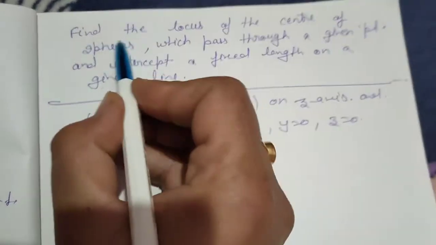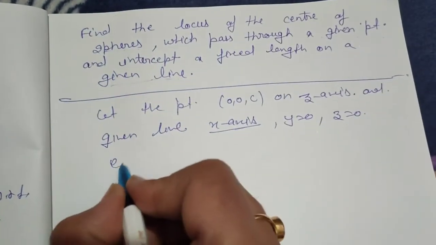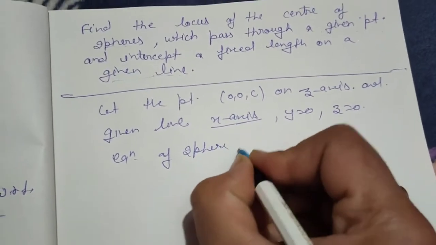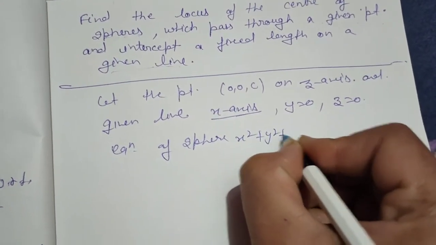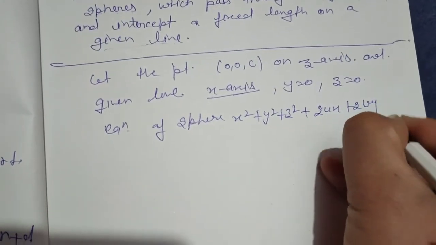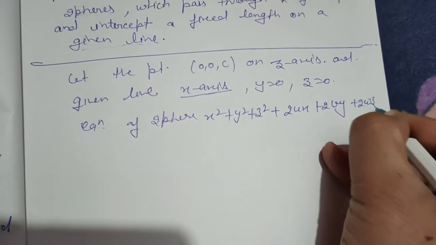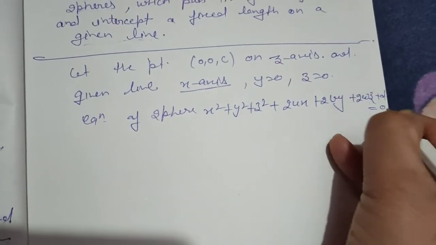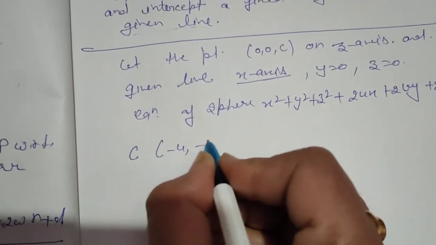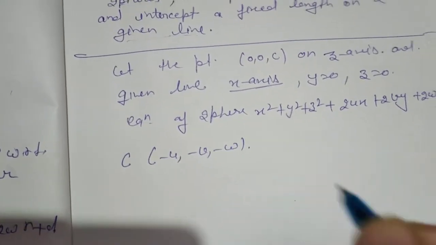Now the equation of the sphere. x^2 + y^2 + z^2 + 2ux + 2vy + 2wz + d = 0. The center of this sphere is (-u, -v, -w).